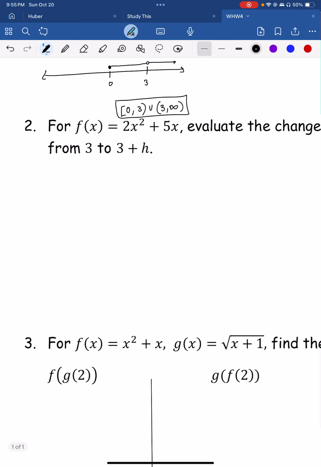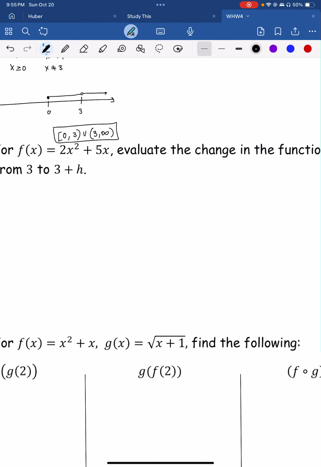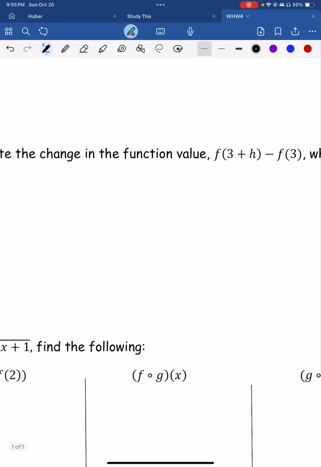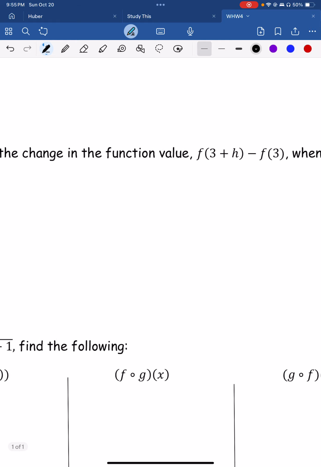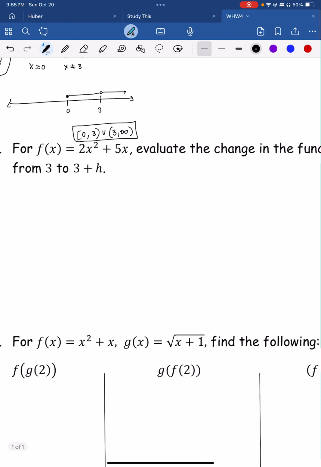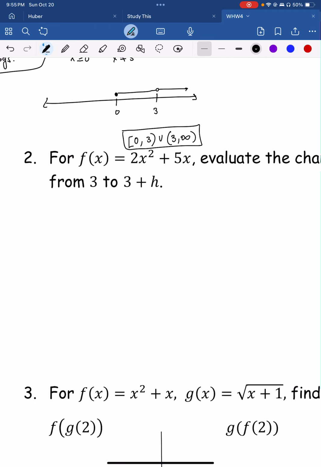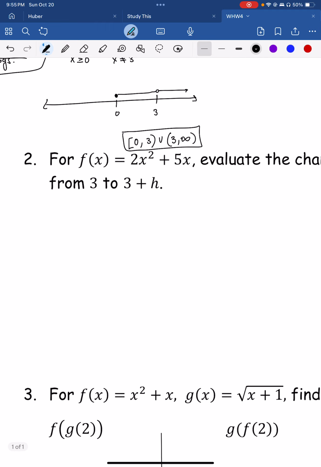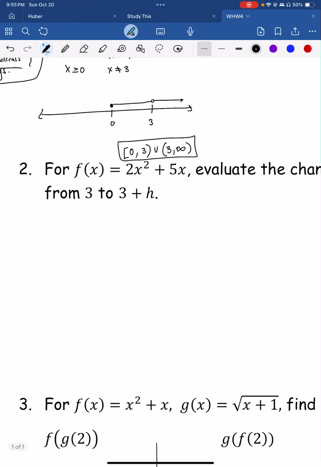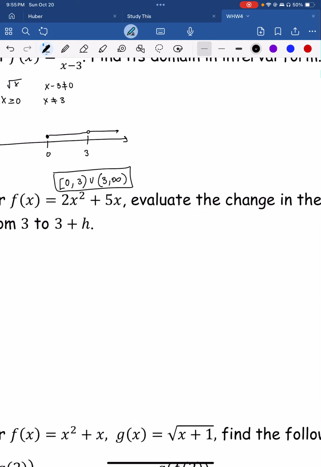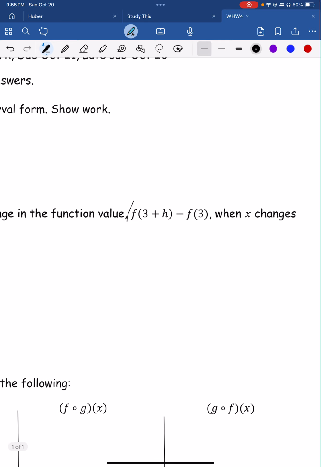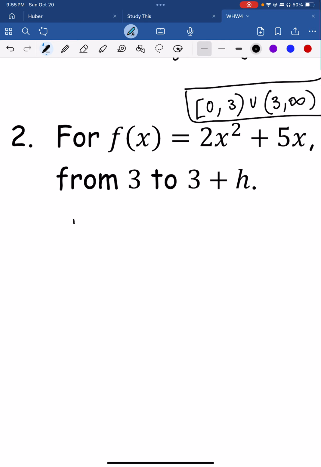For number 2, evaluate the change in the function value f of 3 plus h minus f of 3 when x changes from 3 to 3 plus h. This might seem a little confusing because it's asking from 3 to 3 plus h, but it's pretty simple because they pretty much gave you the equation or the question that you're solving.